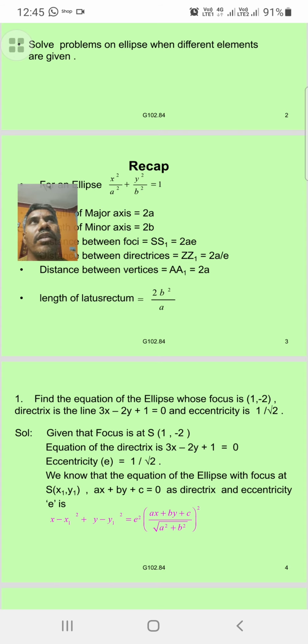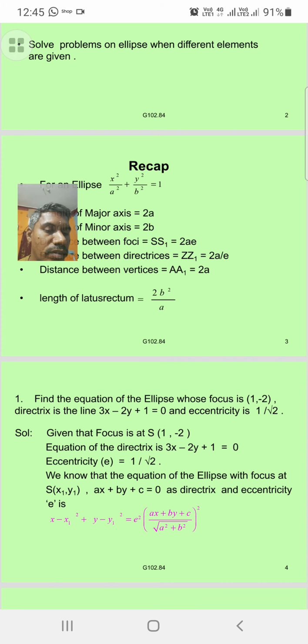asks particularly for the eccentricity. Sometimes to find the eccentricity he gives an equation, and sometimes he gives some elements.